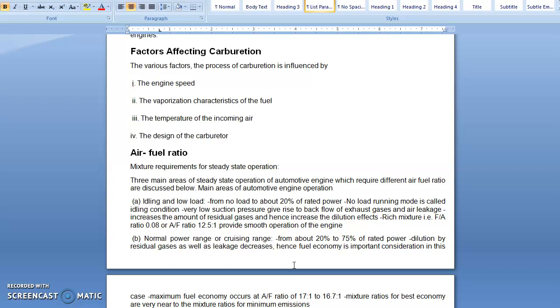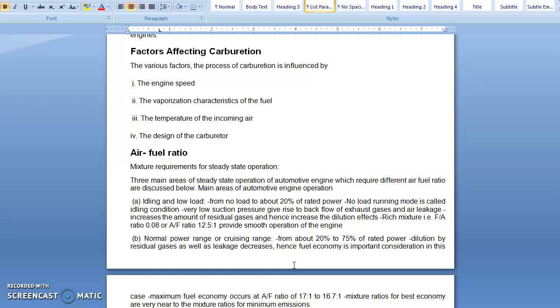Reversely, in the up draught carburetor, the air enters the carburetor from the bottom side, and the air-fuel mixture goes out from the upper side of this carburetor. And the last one is the horizontal carburetor. In this type of carburetor, the air enters through a horizontal tube and mixes with petrol, and it is called a horizontal carburetor.